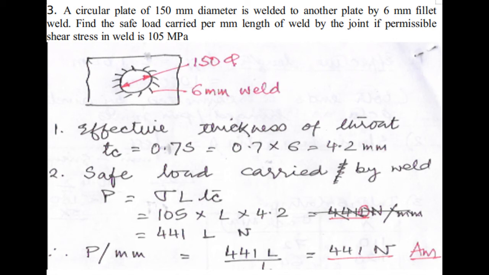Now in the question it has asked to find the safe load carried per millimeter length. So that means per unit length it is asking. So if we divide by L, P by L, we get the value as 441 Newton. So that is the safe load carried per millimeter length of the weld.